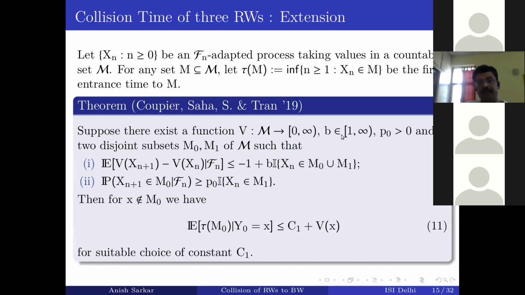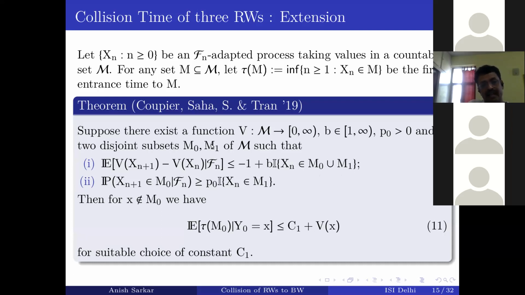Then if we have a condition like this: there is a b greater than or equal to 1 and a p naught which is positive, such that v is a non-negative function on the state space, M to 0 to infinity. The increment of this v is bounded by minus 1 plus b times the indicator that X_n is in M0 or M1.